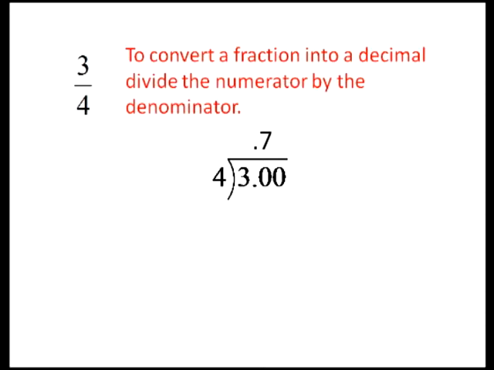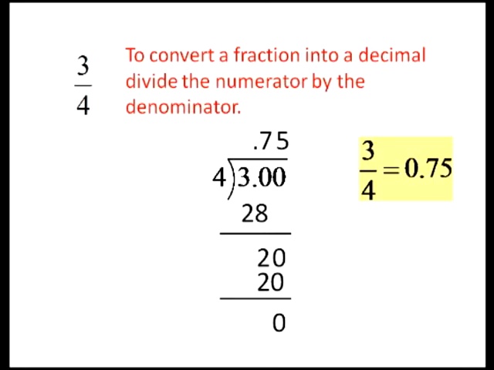It goes in there 7 times. 7 times 4 is 28. Difference is 2. Okay, 4 doesn't go into 2 also, so I bring down the 0. 4 does go into 20. 4 times 5 is 20, and nothing left. So 3/4 is equal to 0.75. This is no different than if I would take 3 divided by 4 in the calculator.